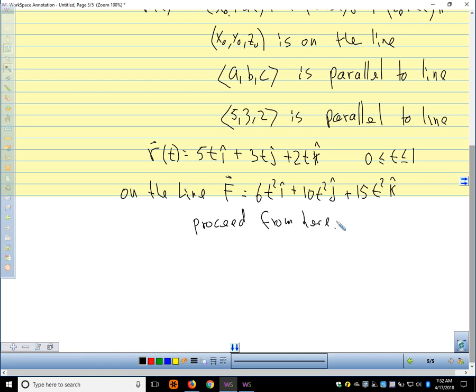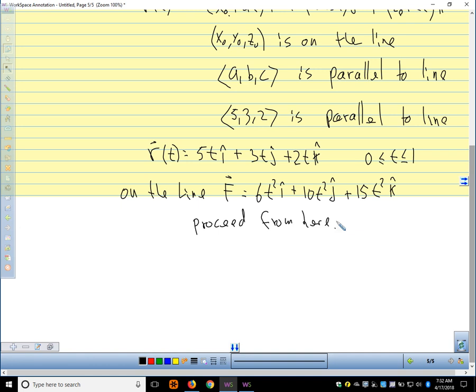We could integrate f dot pq, but the mass was varying. When we were pumping, the mass was varying, but the force was acting in a single direction. Here, the force is acting in various different directions at every different point.